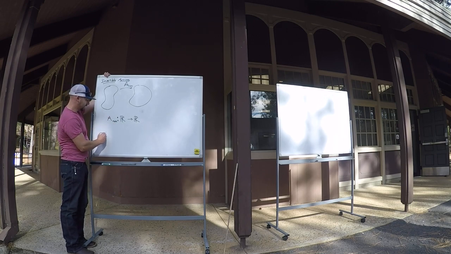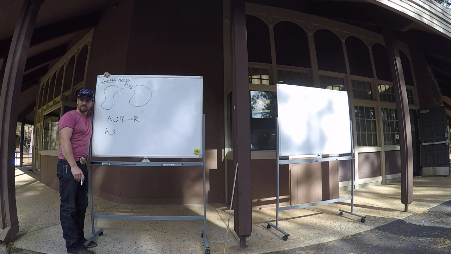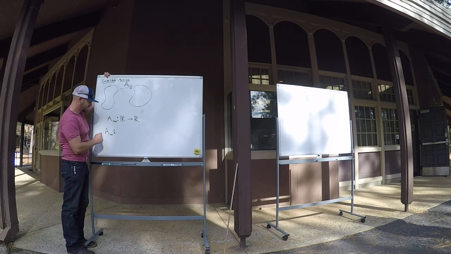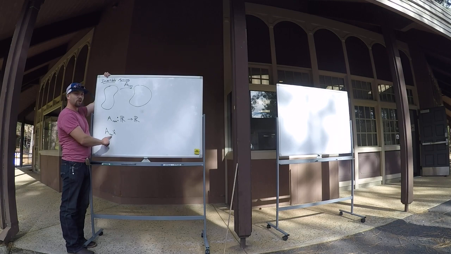In order to take an m by n matrix and multiply by a vector x, in order to apply this, what has to be true about the size of the vector x? It has to have n components.